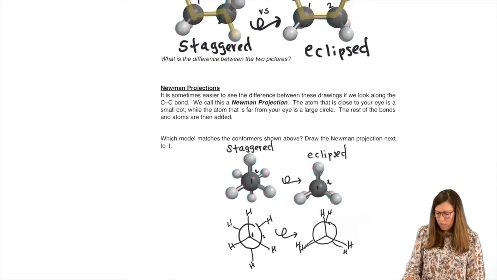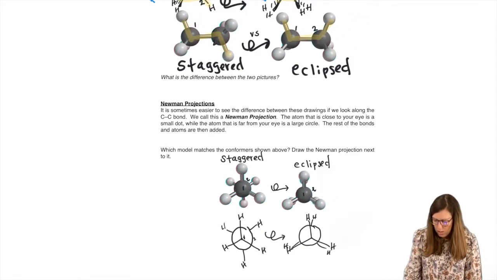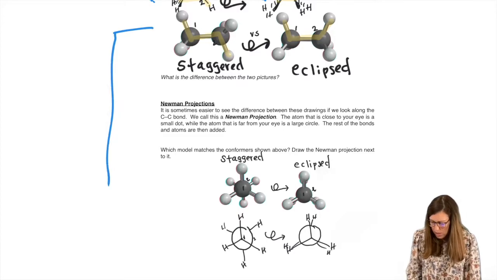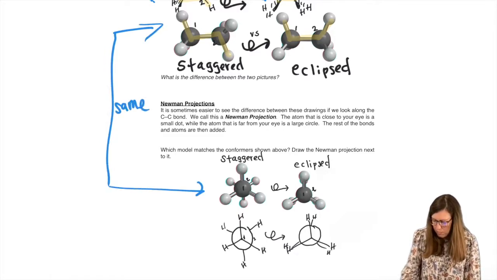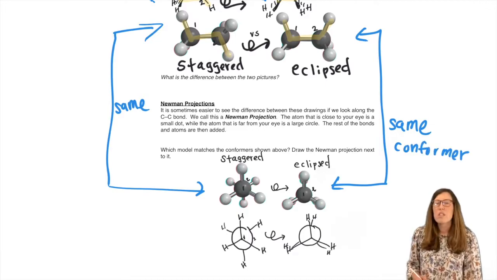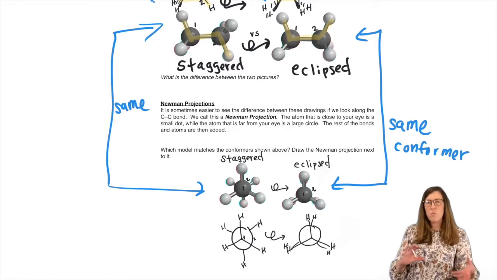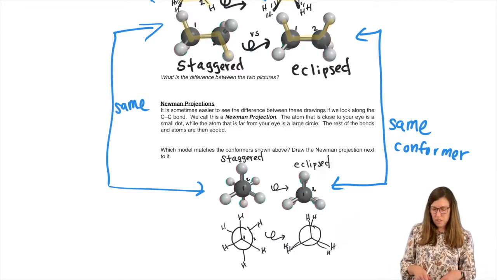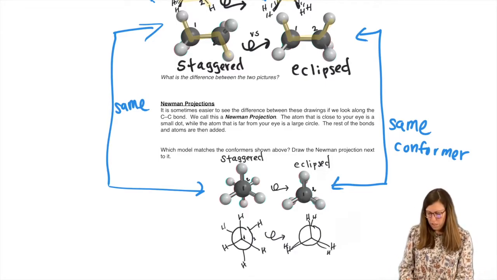So in other words, these are the same conformer. They're the same molecule altogether, but when you're talking about conformational isomers, then in terms of one being different conformationally than the other, we have a staggered versus eclipsed to talk about.